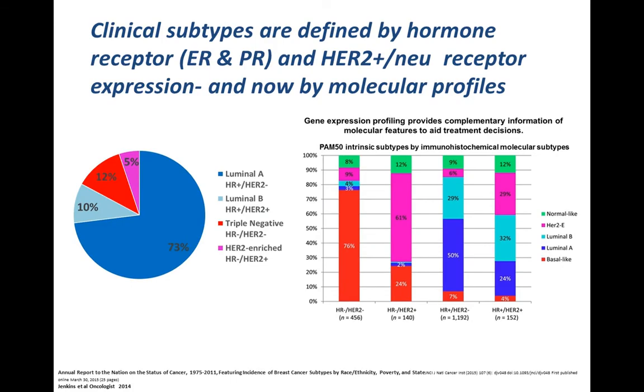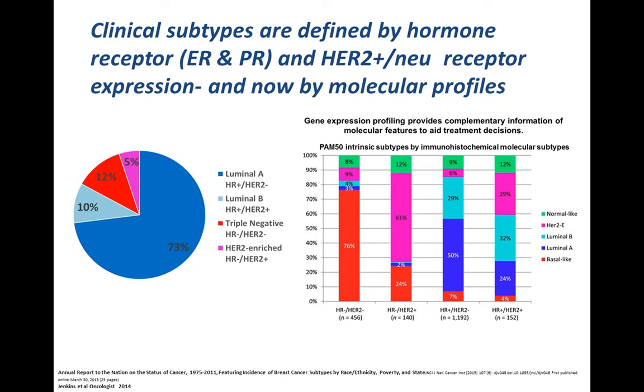So let's talk a little bit about these subsets of breast cancer first. Traditionally, breast cancers have been classified very simply by the presence or absence of three proteins expressed or not on breast cancer cells: the estrogen receptor, the progesterone receptor, and those two often go hand in hand, but not always, and then a third protein called the HER2 or ERBB2 oncogene.